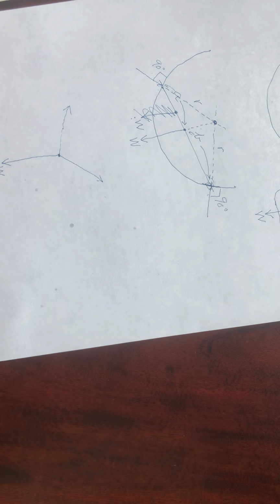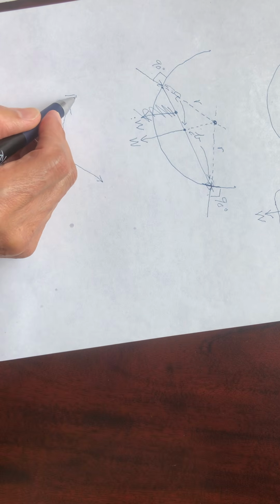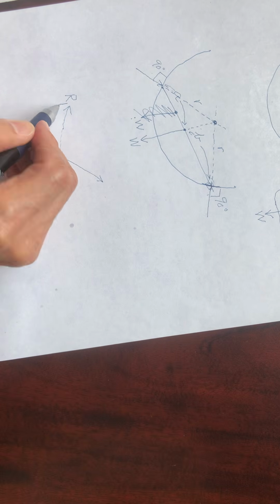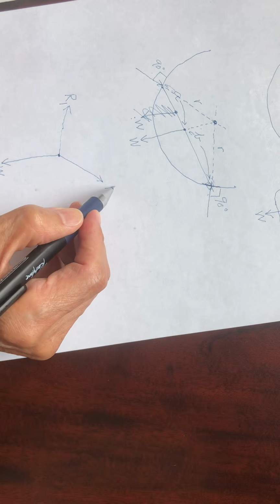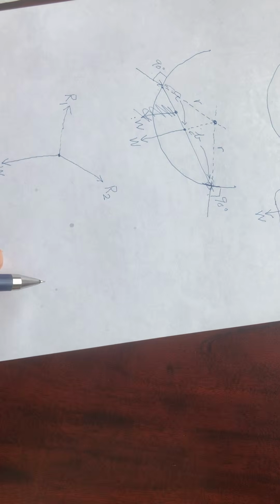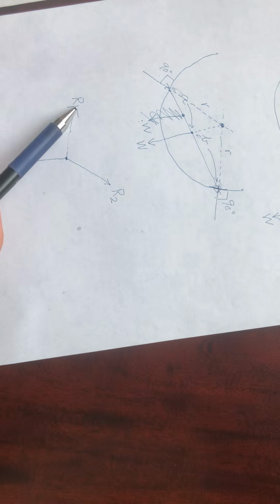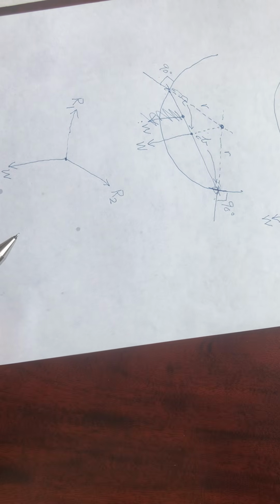Okay. Let's label the two reaction forces. These are the two reaction forces. Say R1, reaction 1, and reaction 2. How to find R1 and R2? Then I need another theorem.